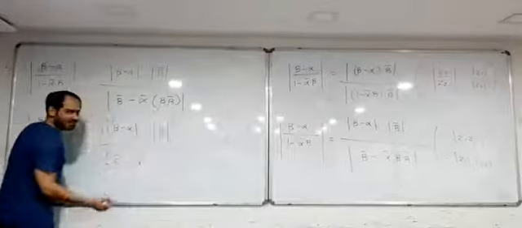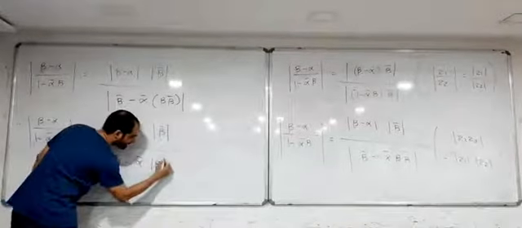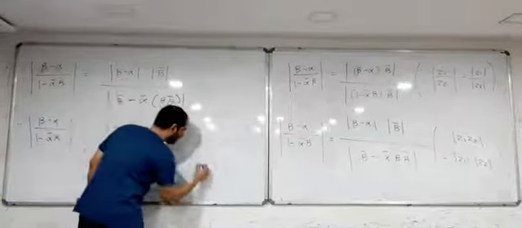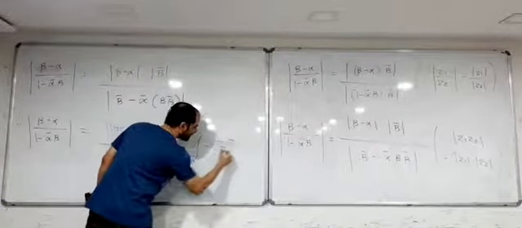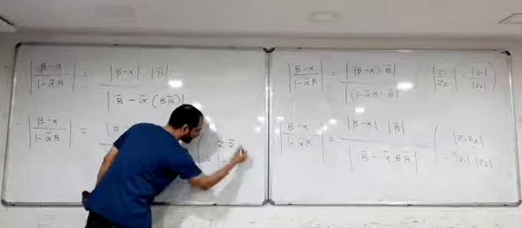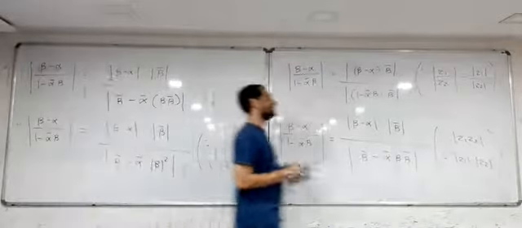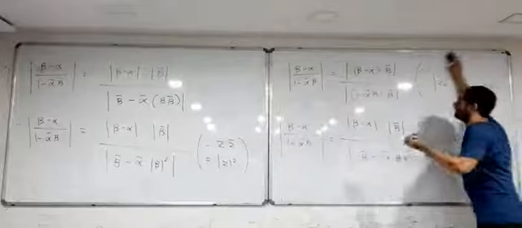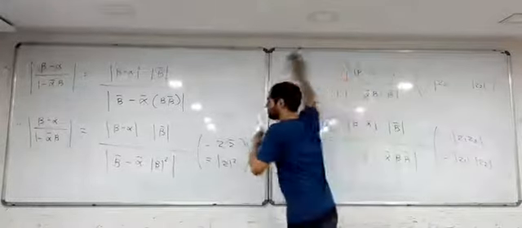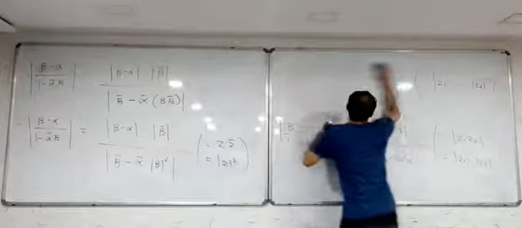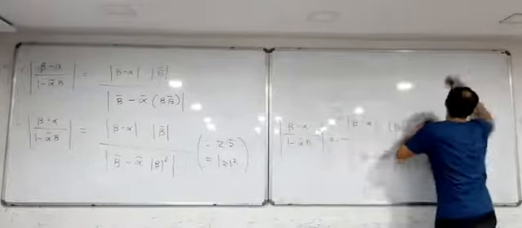What is beta into beta bar? Mod beta the whole square, because z into z bar is mod z square. Mod beta is 1, so mod beta square is 1. Now we are almost there with the answer.